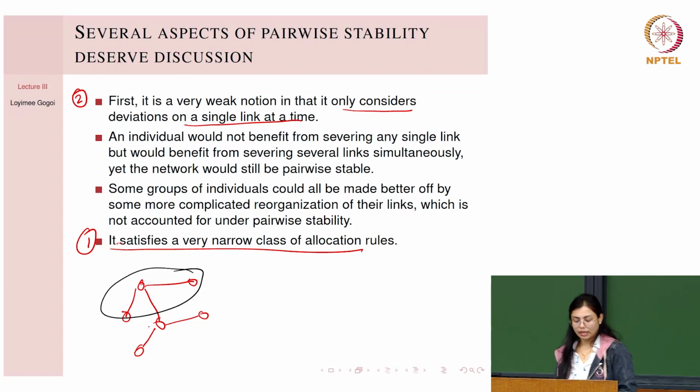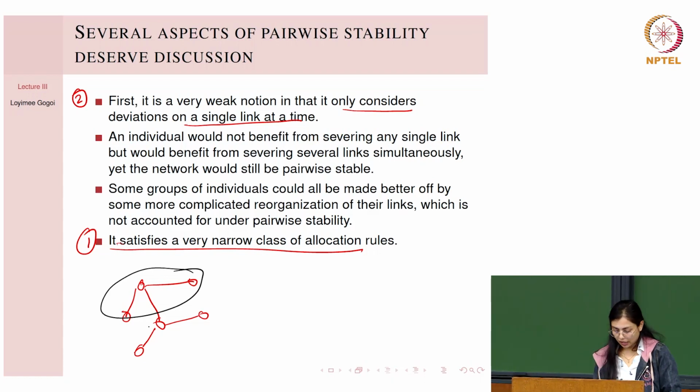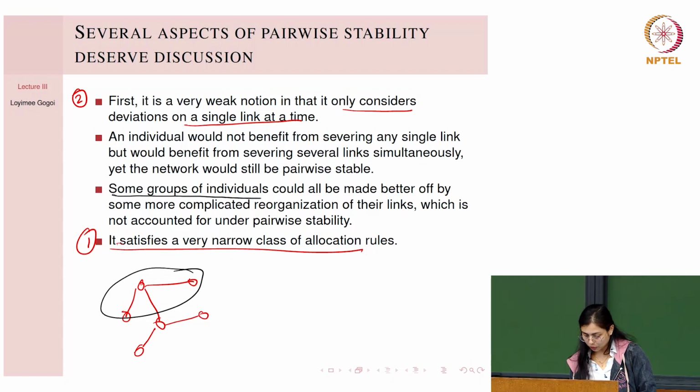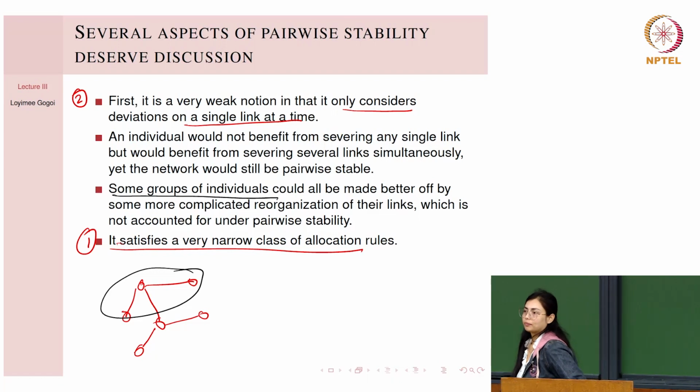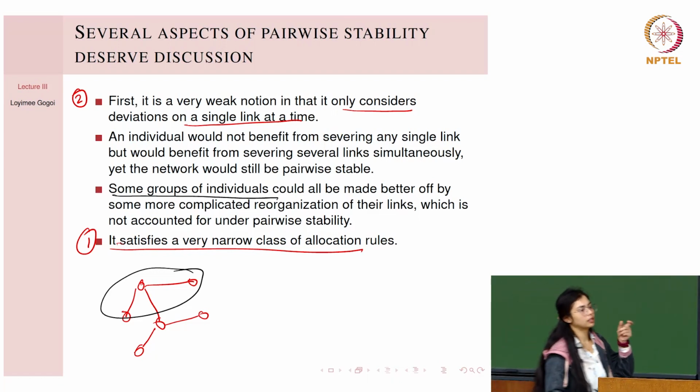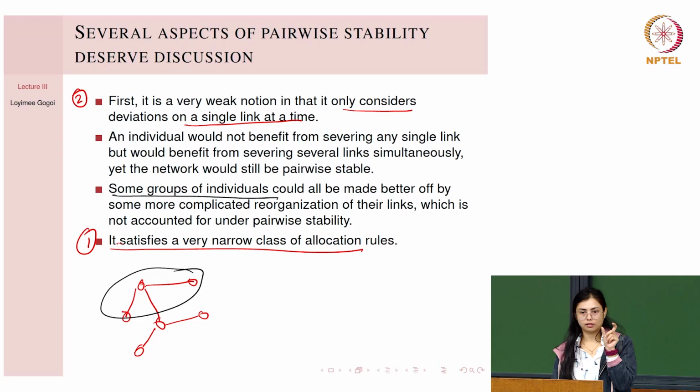Pairwise stability can't capture that. And pairwise stability always considers a pair of players and the link between them.